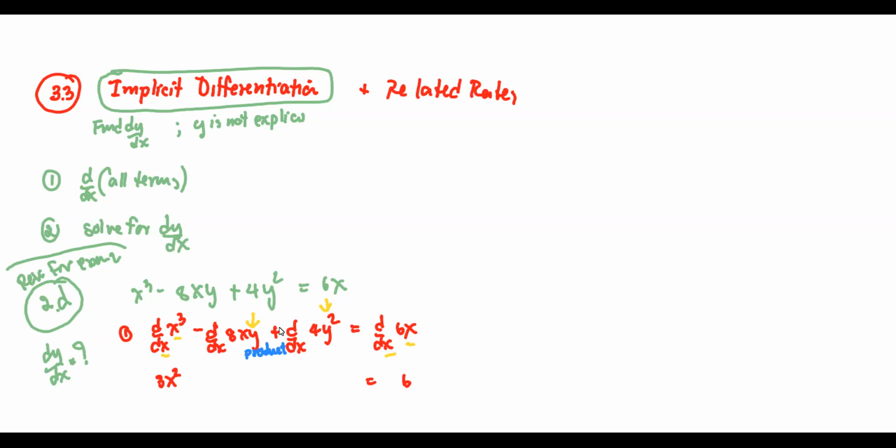And when you use the product rule, recall, I'm going to put the 8 as a coefficient. So it's going to be the first term times the derivative of the second, plus the derivative of the first times the second one.